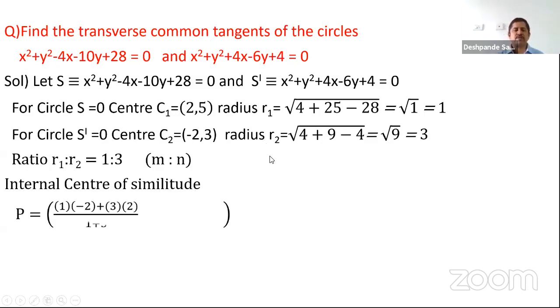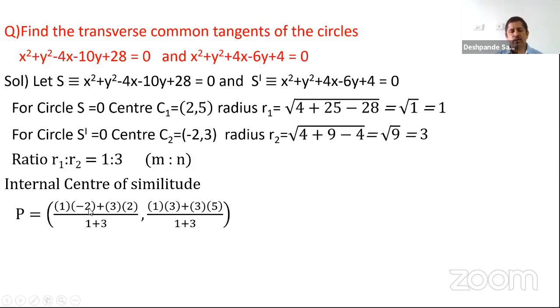So what is the internal center of similitude? Again, use the formula. The ratio is 1:3 here, so m is 1, n is 3. So m1 into x2, which is minus 2, plus n 3 into x1, which is 2, divided by 1 plus 3. Likewise, for y: 1 into 3 plus 3 into 5 divided by 1 plus 3.